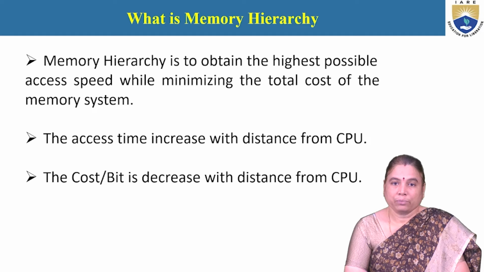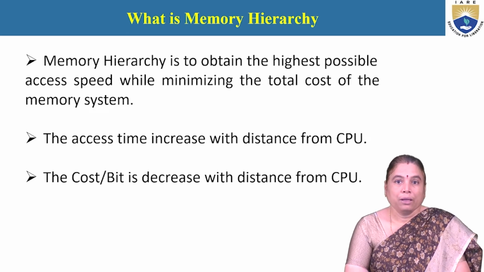Depending upon various parameters, the memory hierarchy can be defined. The memory hierarchy is to obtain the highest possible access speed while minimizing the total cost of the memory system. In this way, the storage elements can be arranged.